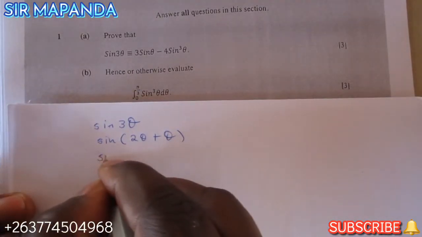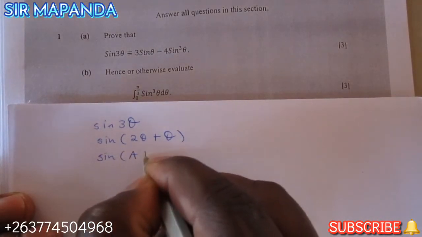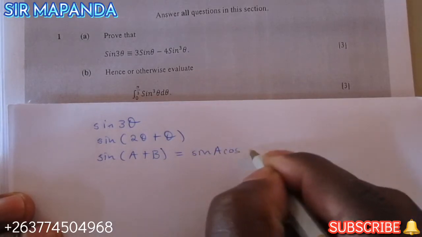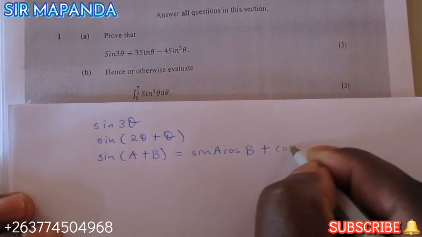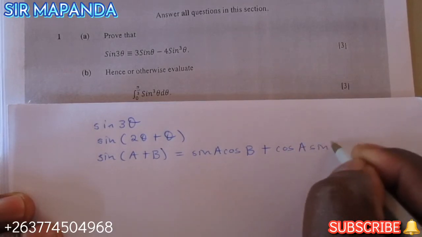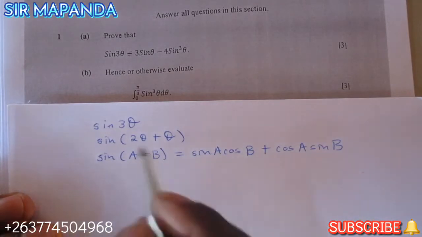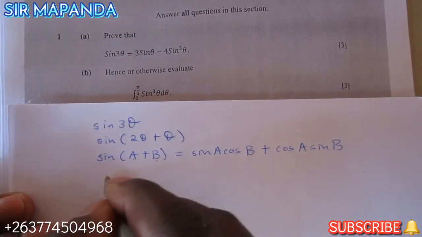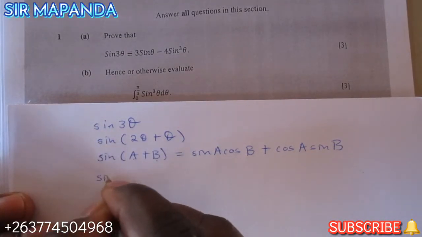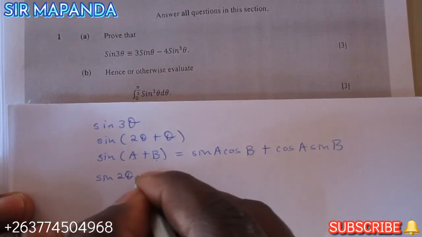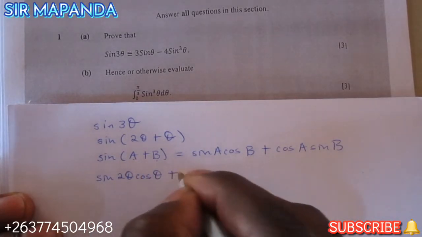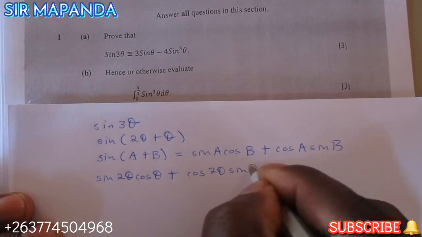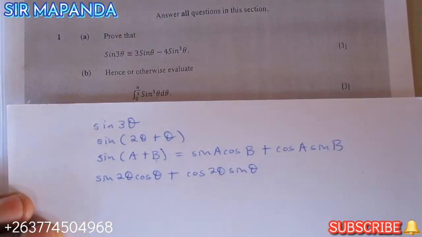The compound angle formula is sine of A plus B equals sine A cos B plus cos A sine B. So 2 theta represents A, theta represents B. If I expand this, I get sine 2 theta cos theta plus cos 2 theta sine theta. I hope you are listening.